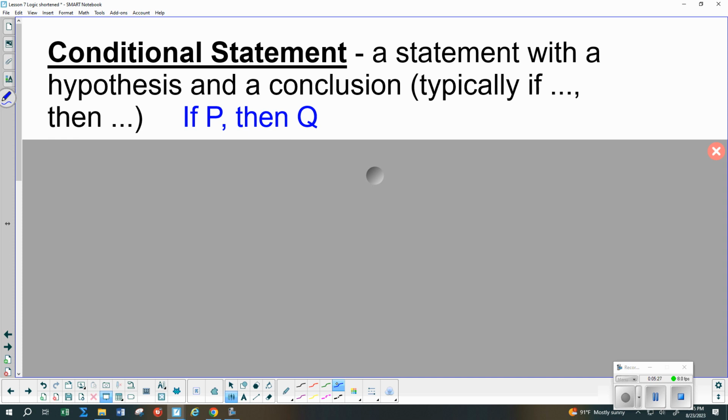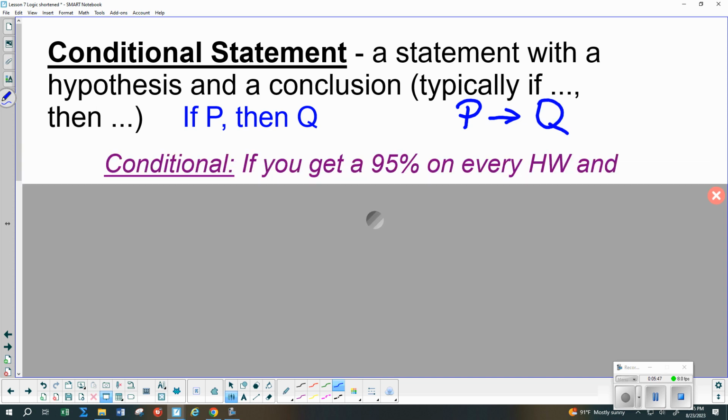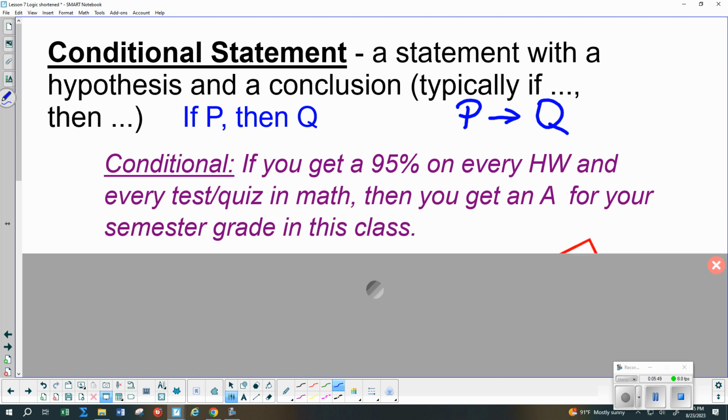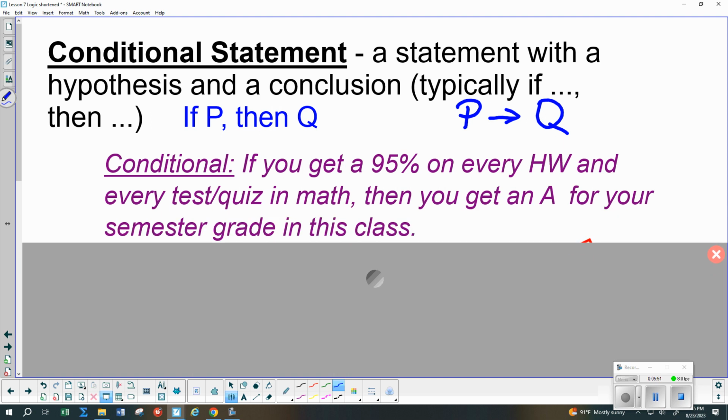Many times we'll let P represent the content of the if. So if I've got, if whatever that is the P, then whatever else comes next. Instead of even writing the words, we can do it even shorter with an arrow. If P, then Q. So let me give you what might be an original conditional statement.